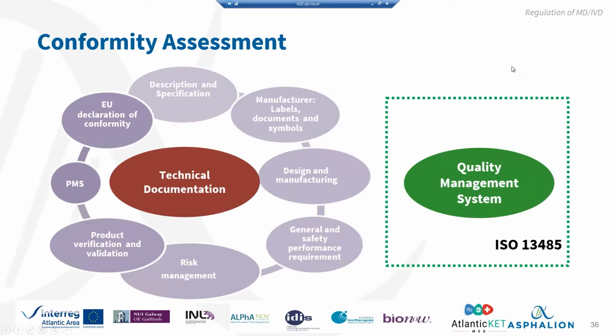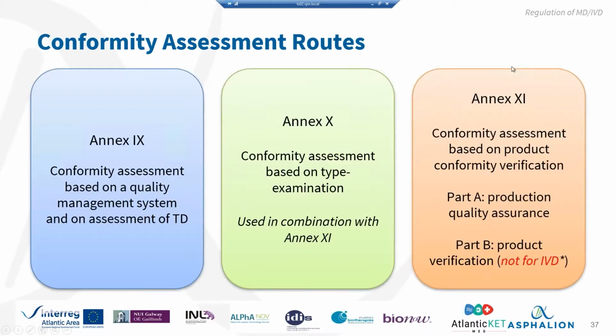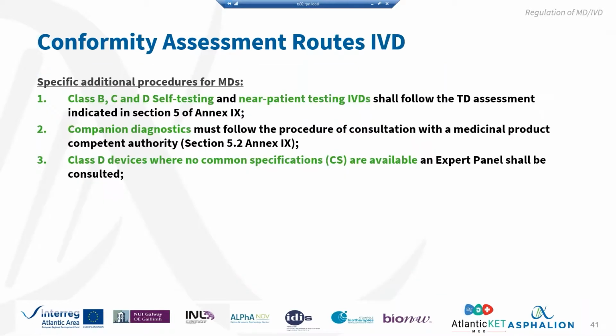Okay. So regarding the conformity assessment routes, we've got three different pathways. Okay, we've got Annex 9, 10, and 11 of both the medical device regulation and the in vitro diagnostic regulation, which specify the pathways to be followed for the authorization of this kind of product.